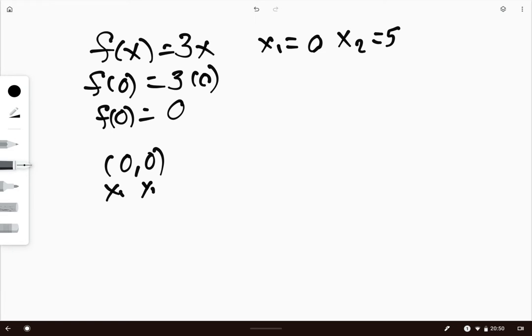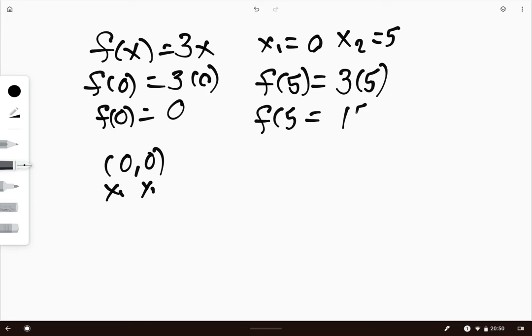All right. Now for x2, which is 5, the f of 5 is going to be 3 times 5. So the f of 5 equals 15. So that means my ordered pair here is going to be 5, 15. So there's my x2, and there's my y2.